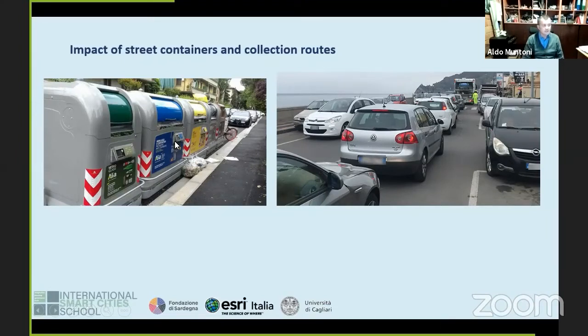So we observe an increase of the number of containers in our streets with all the problems and less room for parking, people using the area close to the containers as a landfill, because sometimes the people even do not use the containers, and different collection routes for the different materials.